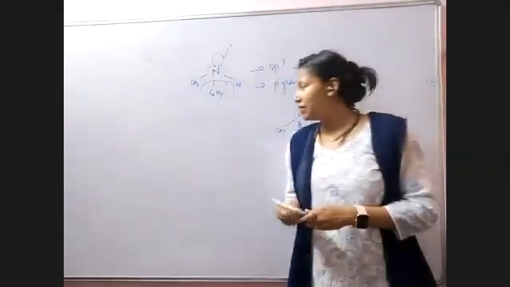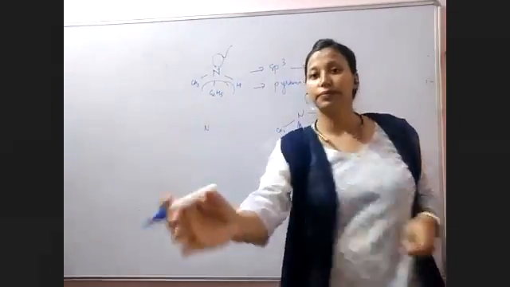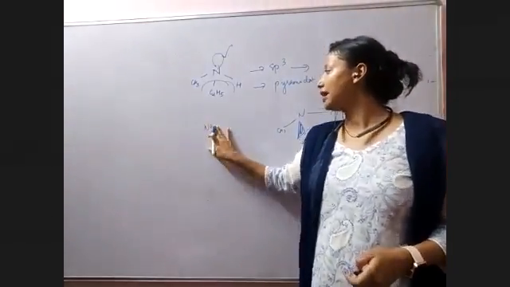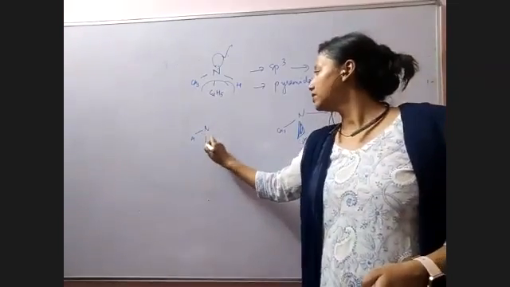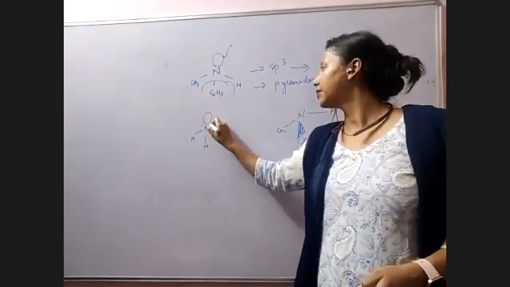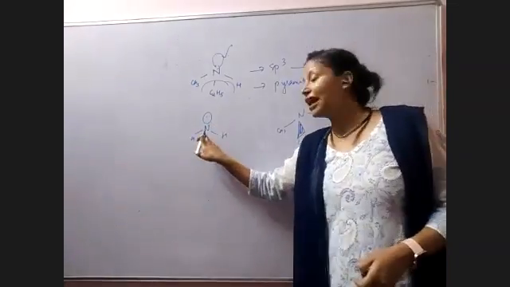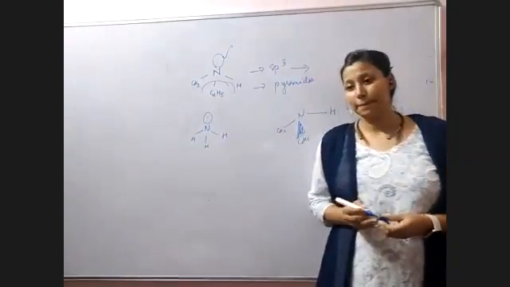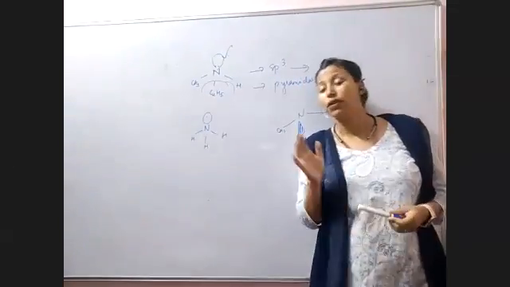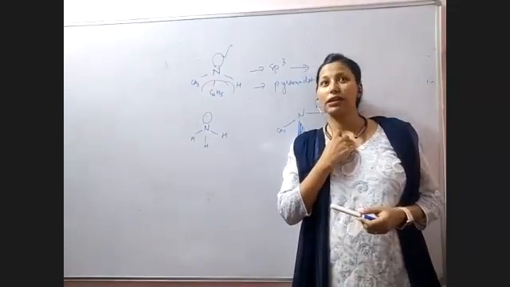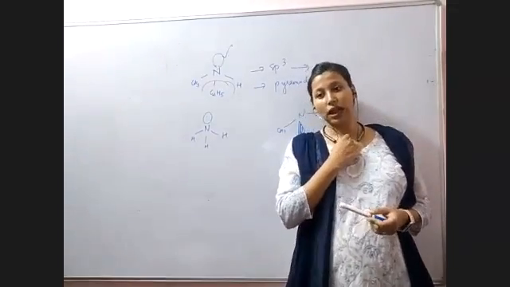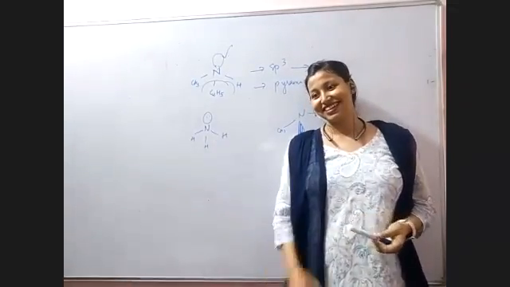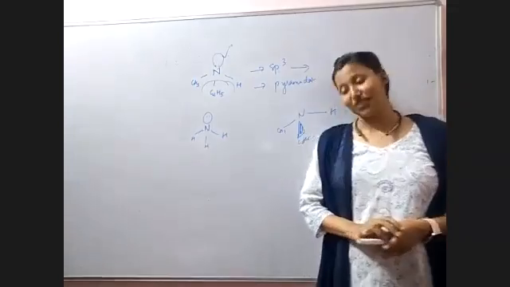Can anyone tell me what is the bond angle in ammonia? Sorry, how much? 108 से कम है. 107.